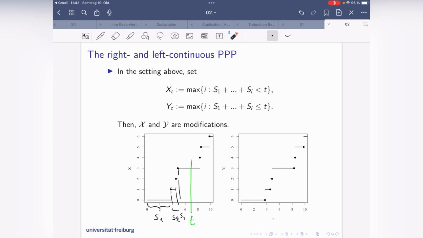Let me also briefly mention why we will favor the right continuous version over the left continuous one. The reason is that in the left continuous version, for example, if you're here, you immediately jump. So in order to say what the future of this point is, you would have to look into the future a little bit, because you know it immediately jumps.